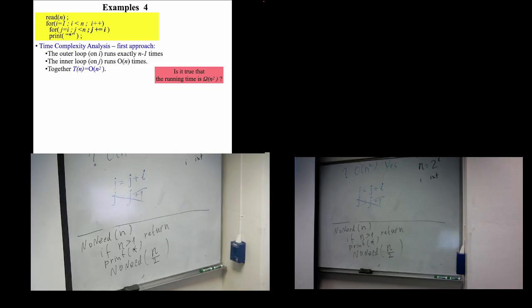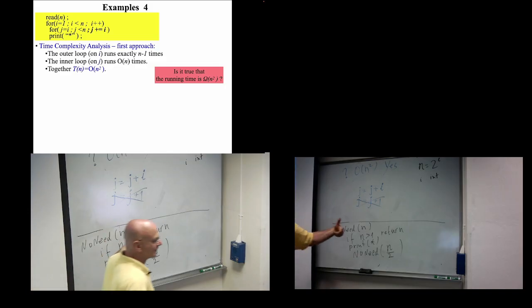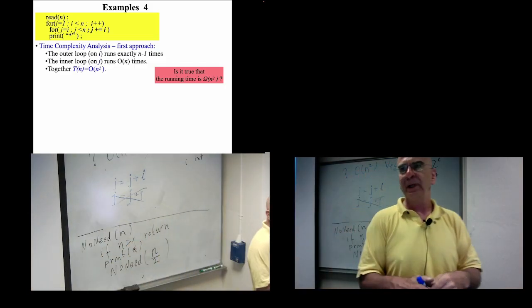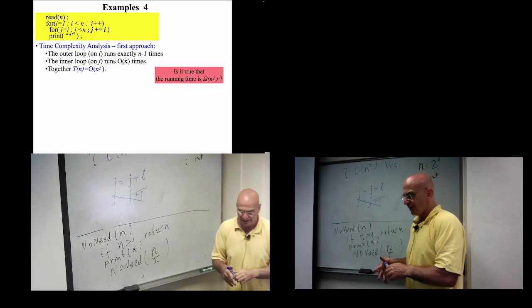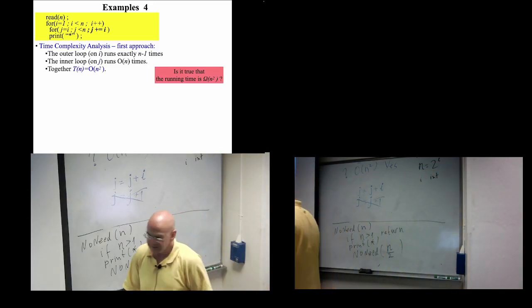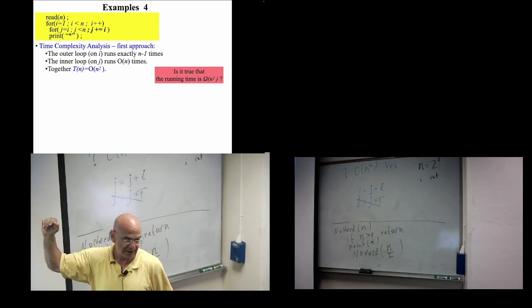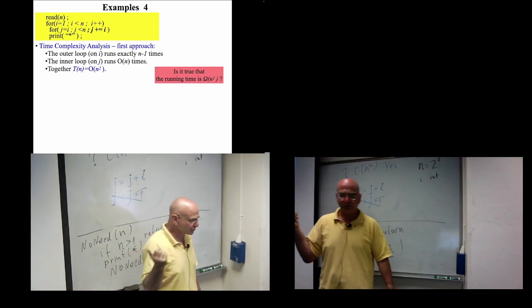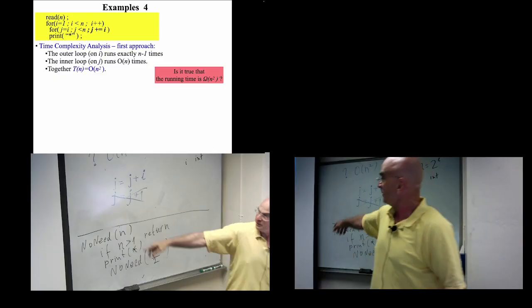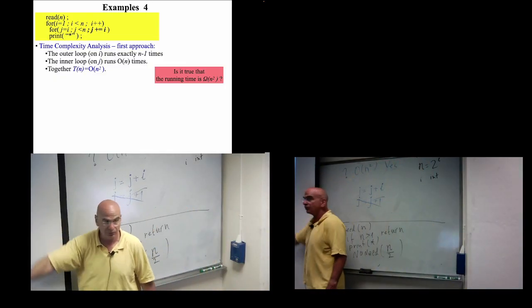The inner loop will take either n or something smaller than n, but not more than n. So order of n times order of n is still order of n squared. So in a cheatful way, it is still order of n squared even after the modification. But maybe it's better, maybe it's constant.